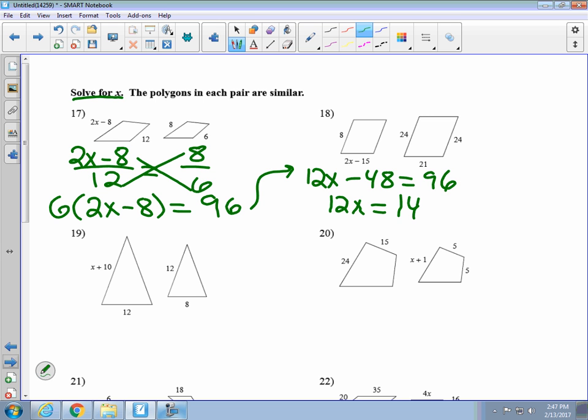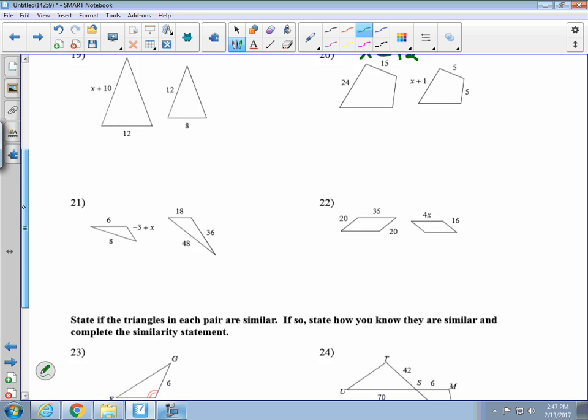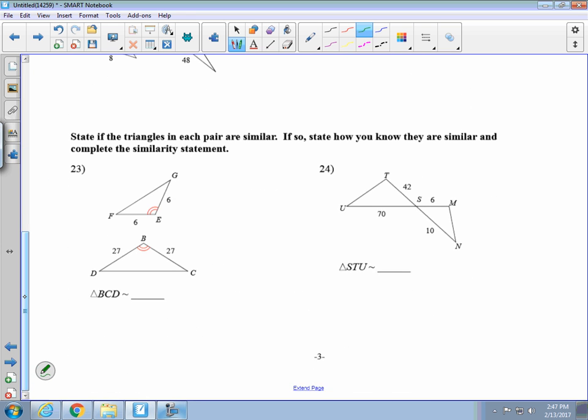And get 144. And x is equal to 12. Okay, so the polygons in each pair are similar. And that's why it allows us to do all this. And you'll repeat that all the way through.